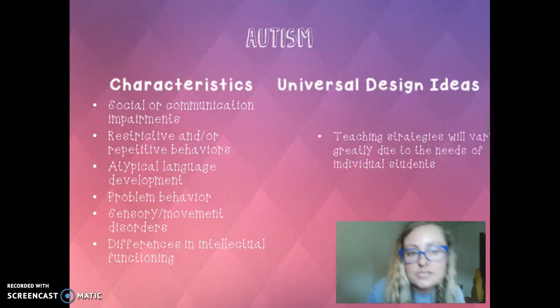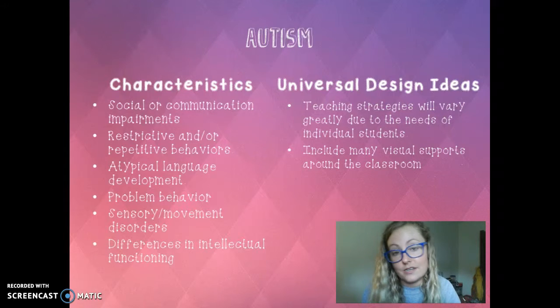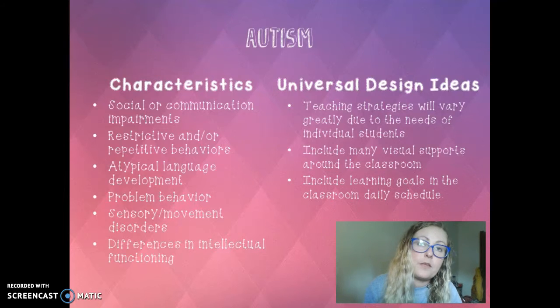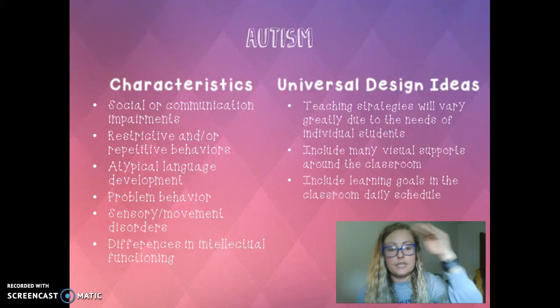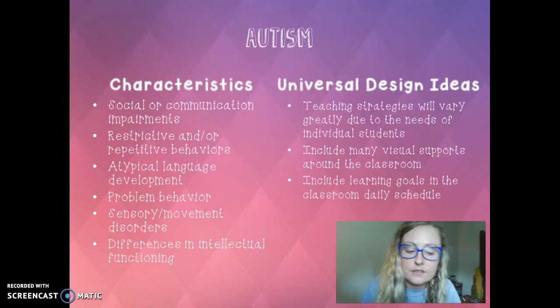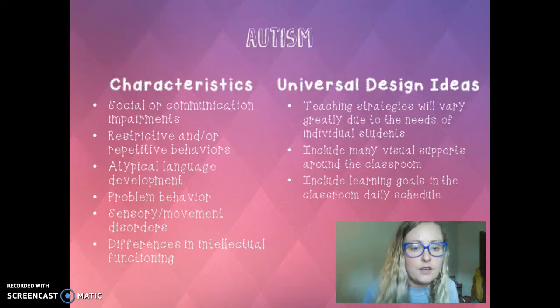So some universal design ideas for these students: teaching strategies are going to vary greatly due to the individual needs of these students, but you can include many visual supports around the classroom, like daily schedules, which are very, very good for them. They may have icons to know when they're going to get their next break, so that they don't feel like it's the impending foreverness of the unknown.